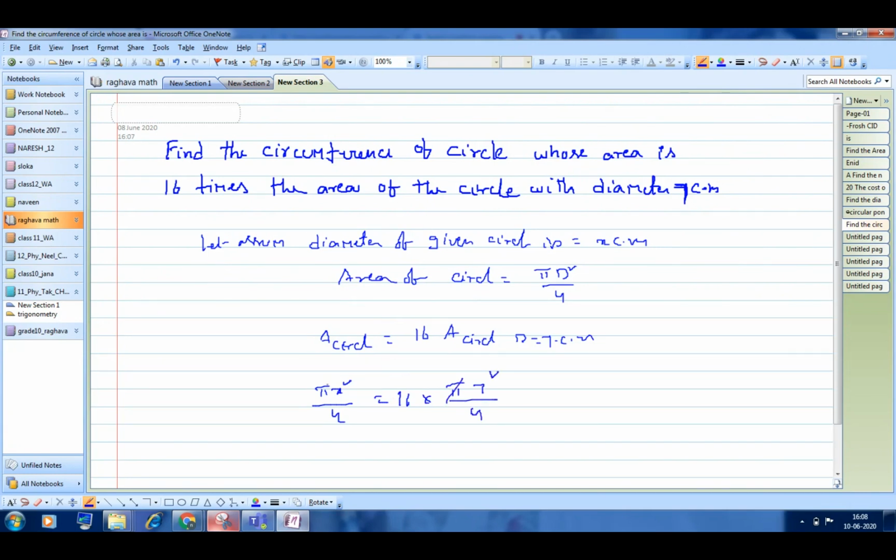So pi cancels, 4 cancels. So the diameter of the required circle: x square is 16 into 7 square. From here x is equal to 4 into 7, 28 centimeter.